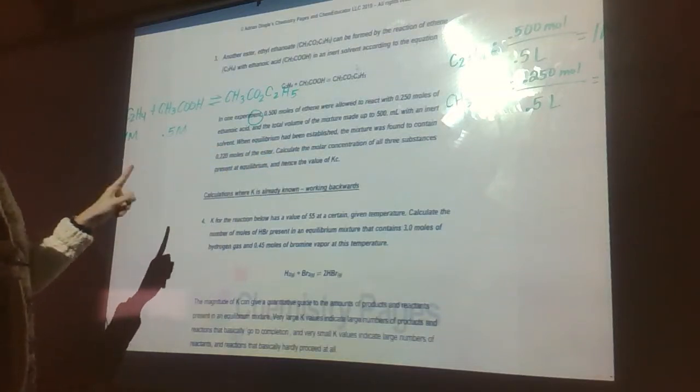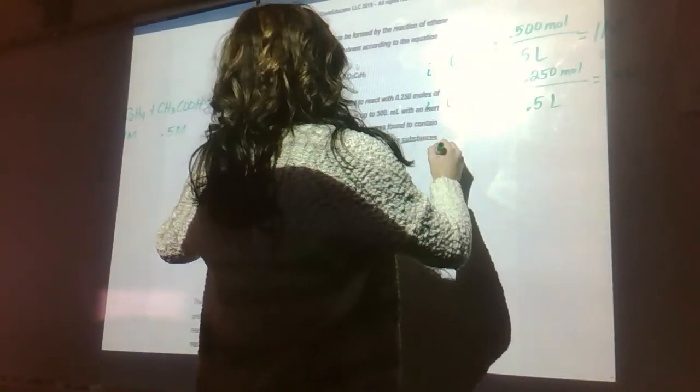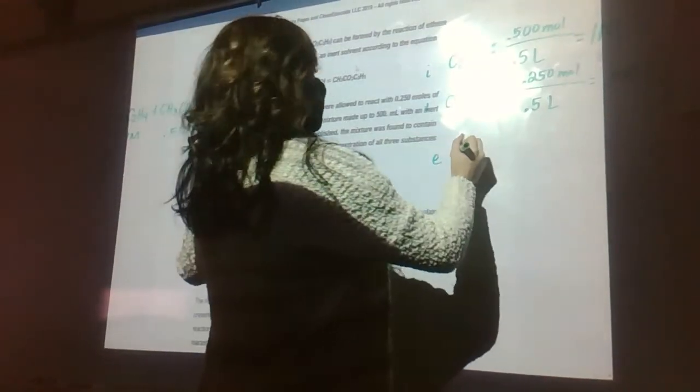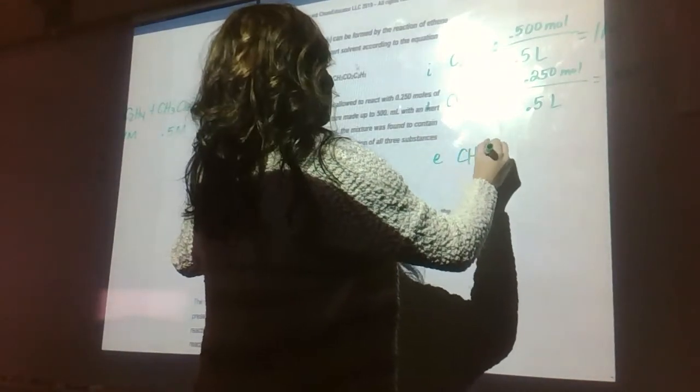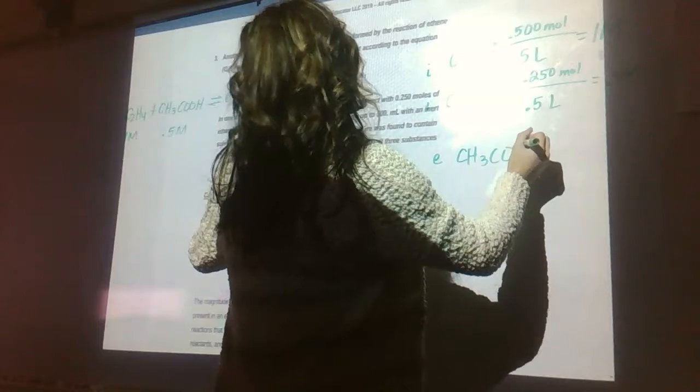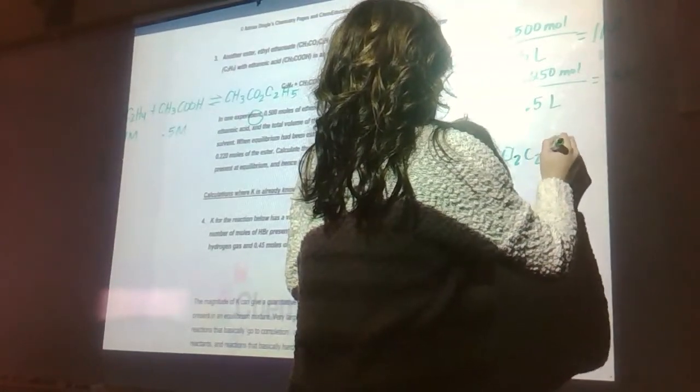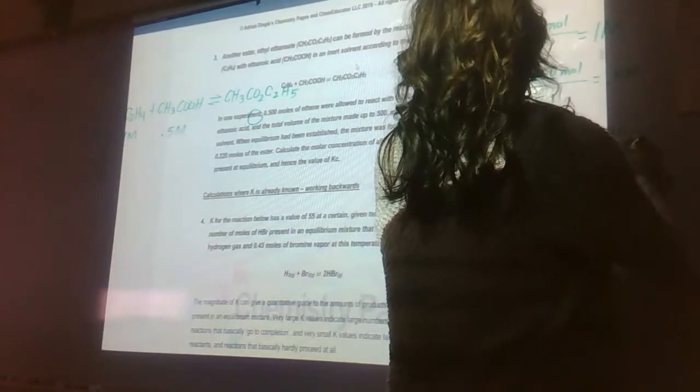Okay, and then they give us more information. They tell us when equilibrium has been established, the mixture contained 0.220 moles of the ester. So this is initial. At equilibrium, we have CH3COOC2H5. We have 0.220 moles, and we still have the same volume.